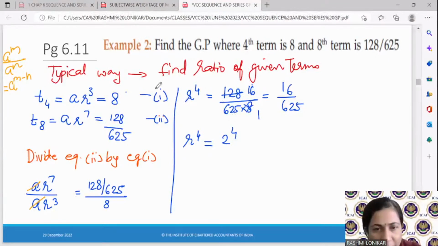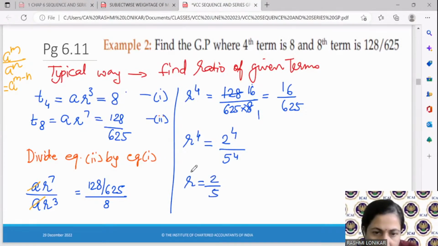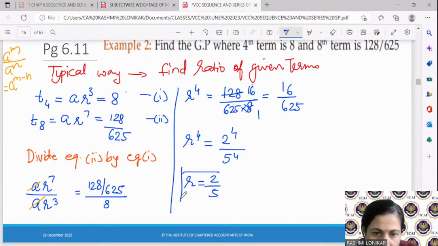And 625 is written as 5 raised to 4. You will have to check, because I already know it and I'm writing it since we have so many sums to cover. So 5, 25, 125 and then 625. Okay, so this is this. Taking the fourth root on both sides, you get R is equal to 2 upon 5.